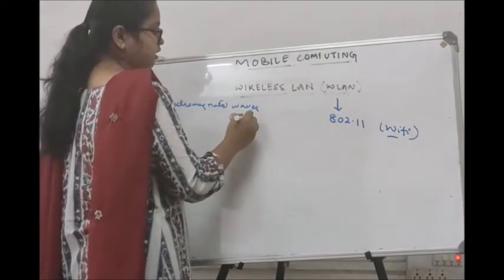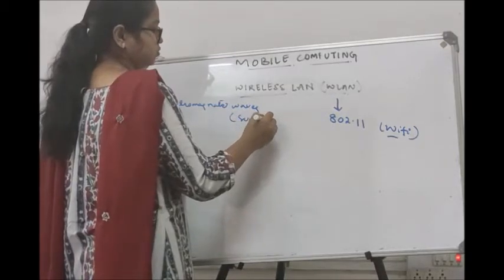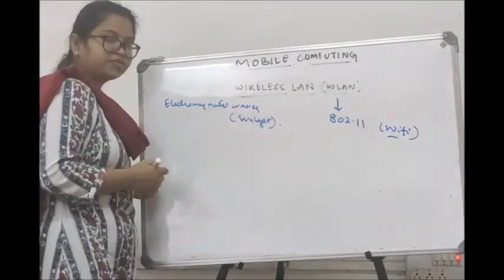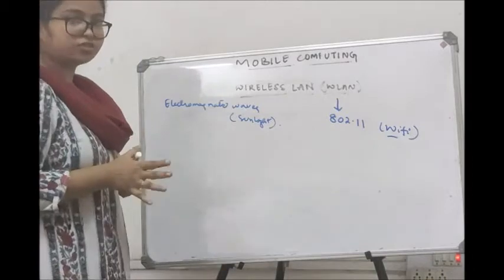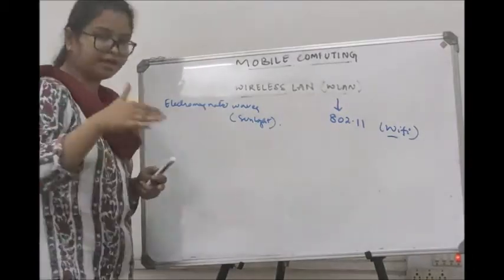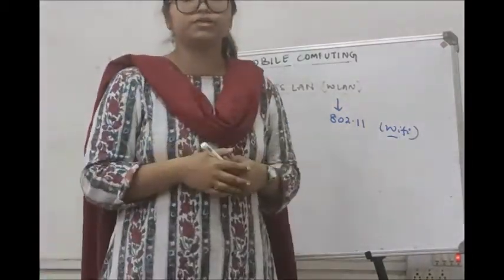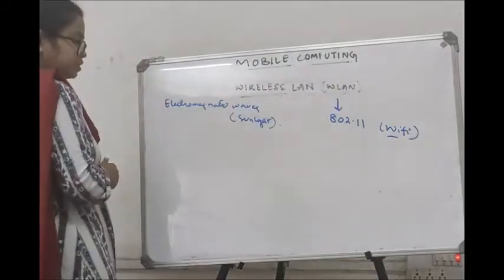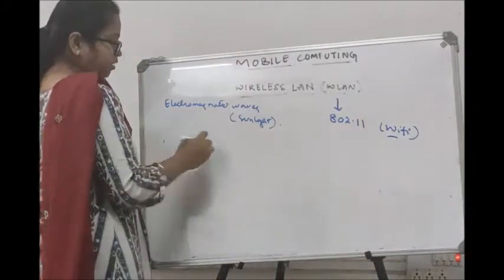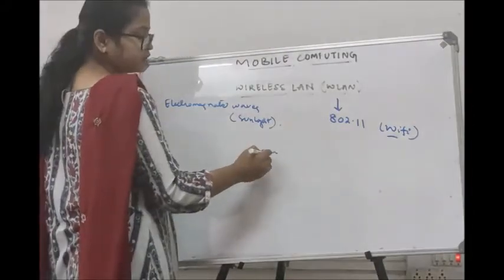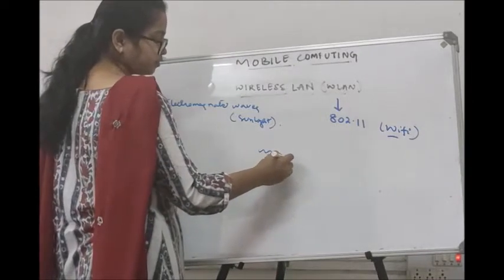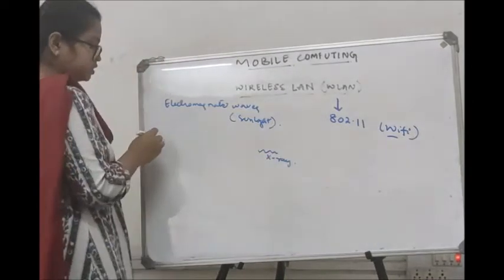Electromagnetic waves means sunlight, we can say, in simple terms. The spectrum is divided as per the wavelength or frequency. If you have higher wavelength, we say it's a low frequency.